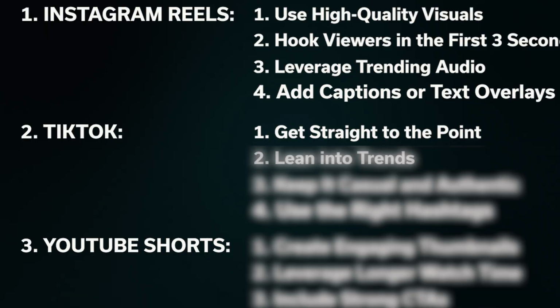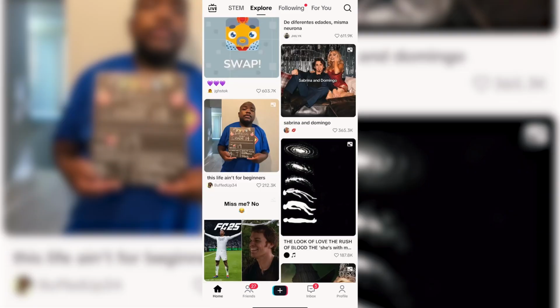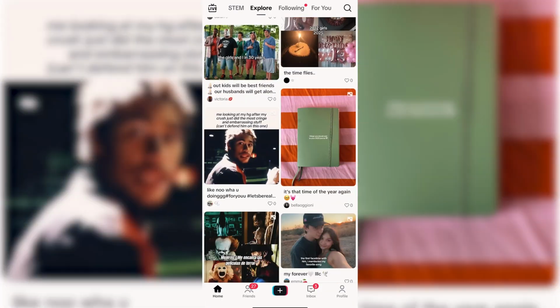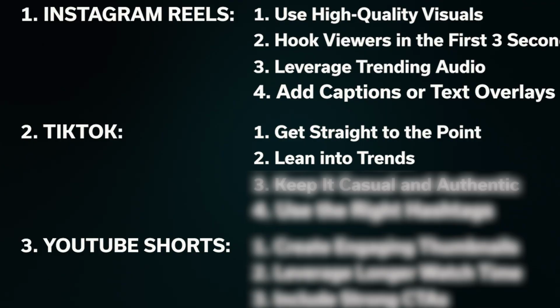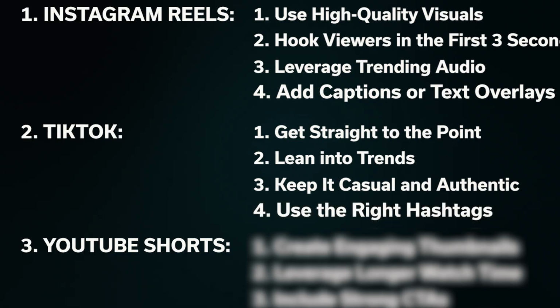Number two, lean into the trends. The TikTok algorithm loves trends. Whether it's a challenge or a sound or a viral hashtag, participating in trends can give your videos a better chance of being discovered. And number three, keep it casual and authentic. TikTok users prefer raw, unpolished content. You don't need a studio setup, just be yourself and have fun. And number four, use the right hashtags.